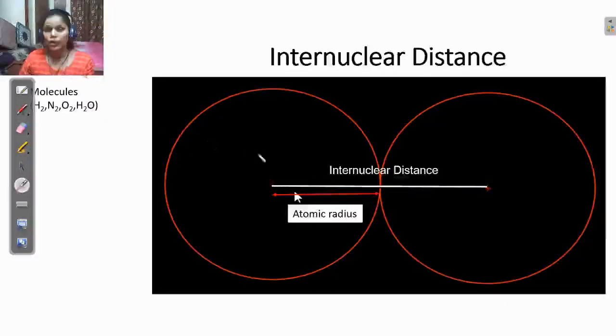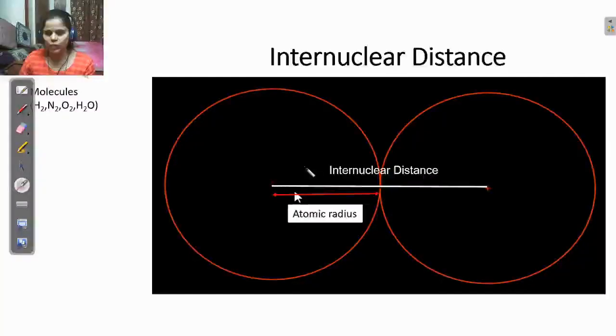So what is the internuclear distance? Let's take an example of any molecule like H2, N2 or O2. Internuclear distance means the distance between the two nuclei.